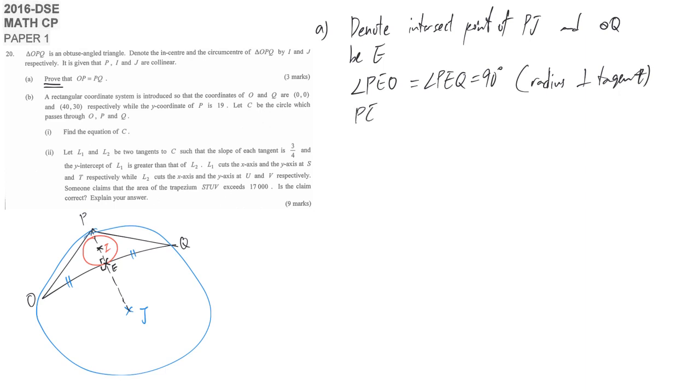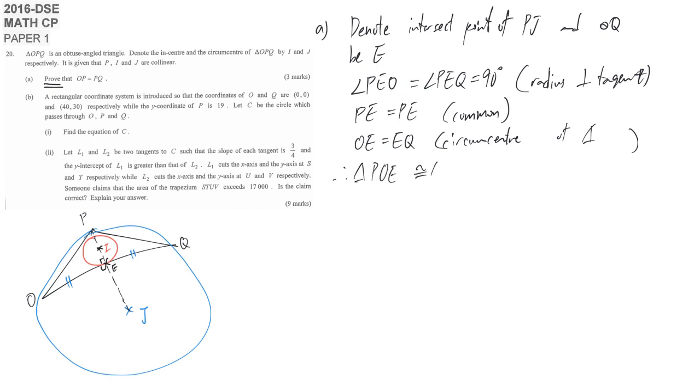Second, PE is equal to PE because it is common. Lastly, OE is equal to EQ. That is because of the circumcenter of the triangle. Because of these three pairs of information, we can say that therefore triangle POE is congruent to triangle PQE.